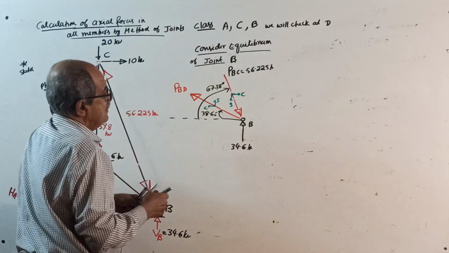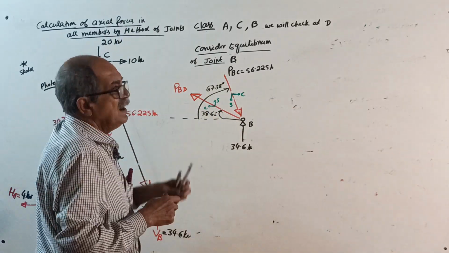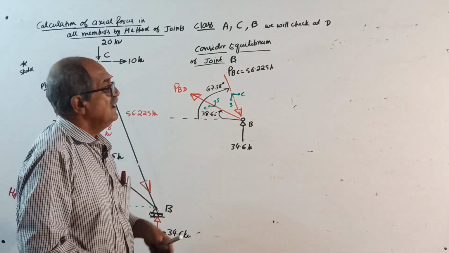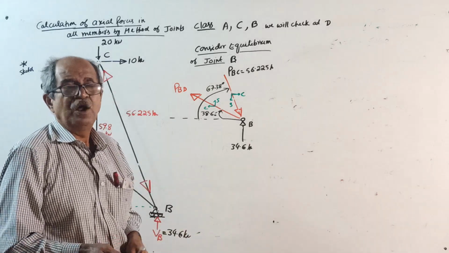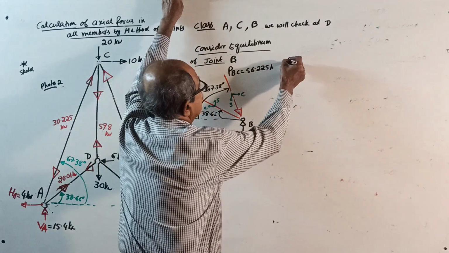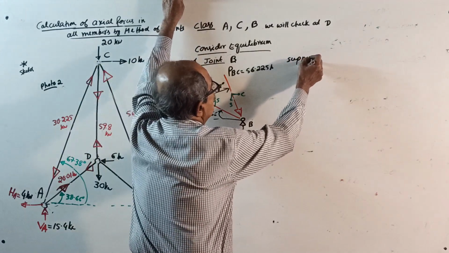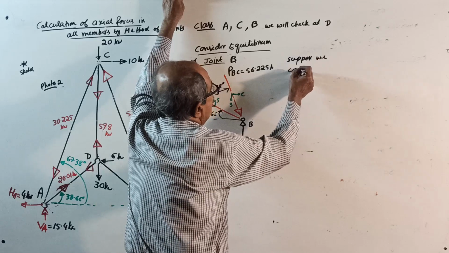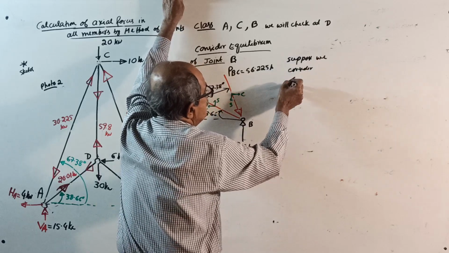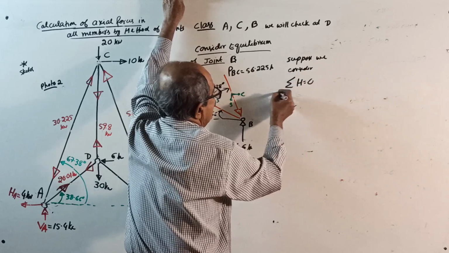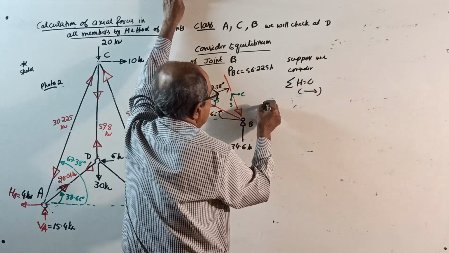Only one unknown is there, which is inclined; either sigma H = 0 will do, anything will do. Suppose we consider sigma H = 0, right side positive.